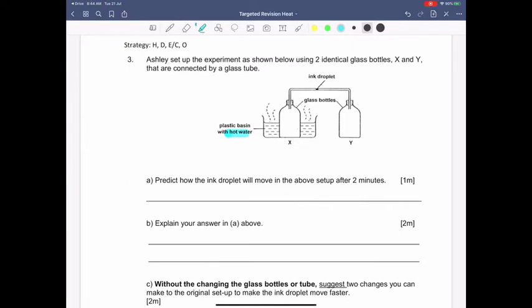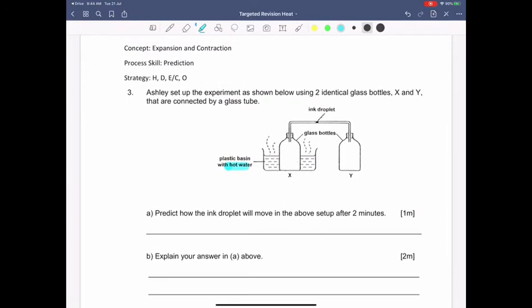And then you need to ask yourself, what would cause the ink droplet to move from left to right? This will also give you another hint that in order for the ink droplets to move either left or right, there must be a push or a pull, correct? And then you ask yourself, what could cause a push or a pull?